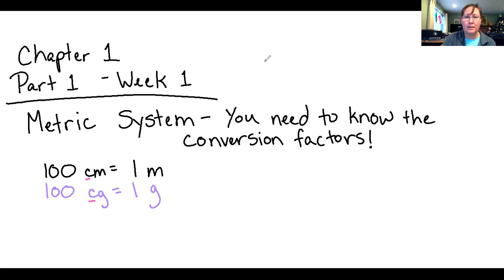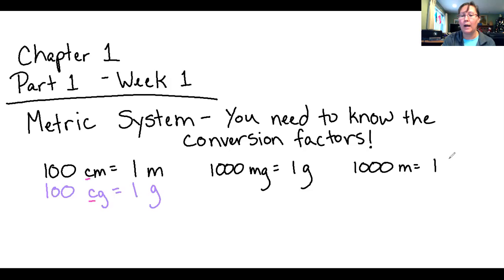The prefix is all that really matters there. Okay. The next one is that there are 1,000 milligrams in 1 gram. And I'm not going to show different base units for this because that's something that we can work through. The next one that you're going to need frequently is that there are 1,000 meters in 1 kilometer.